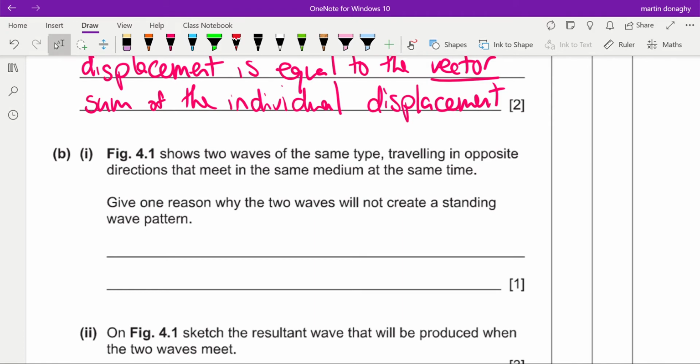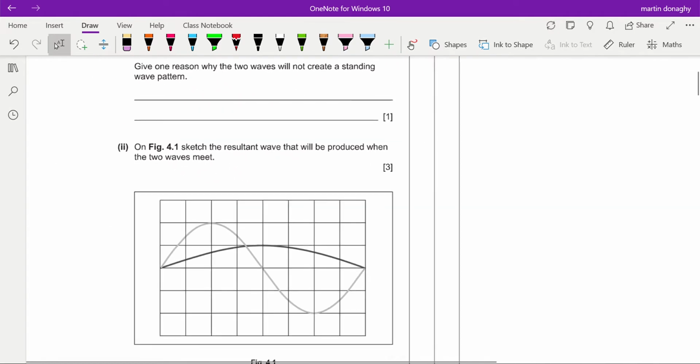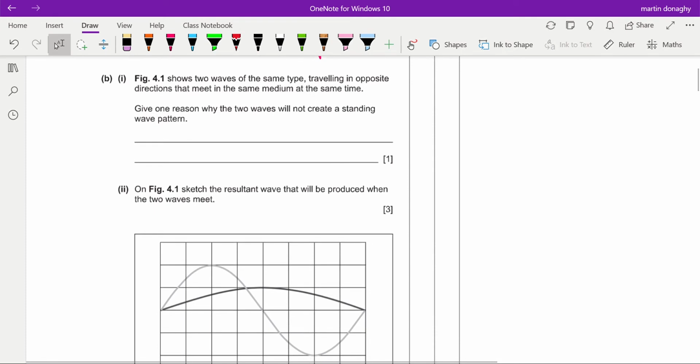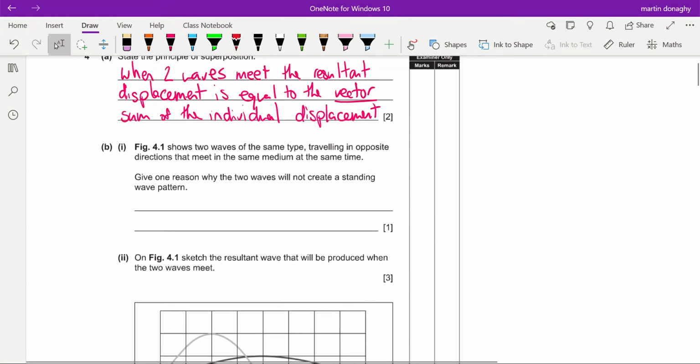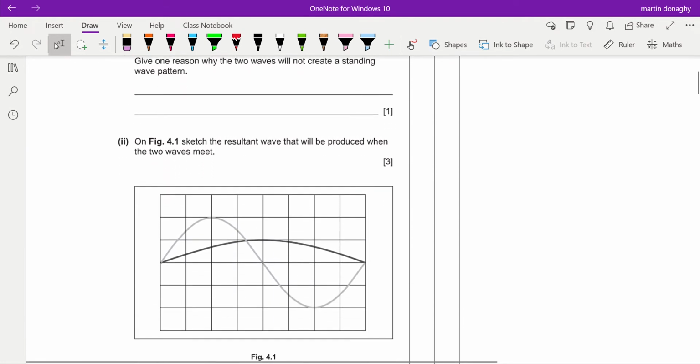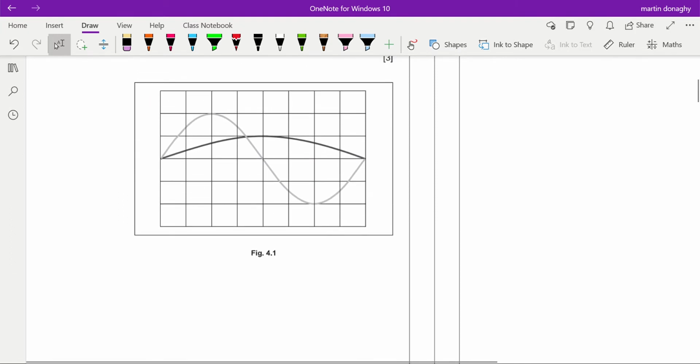Figure 4.1 shows two waves of the same type traveling in opposite directions that meet in the same medium at the same time. Give one reason why the two waves will not create a standing wave pattern. Now that's a bit strange that it doesn't give any information about that diagram.